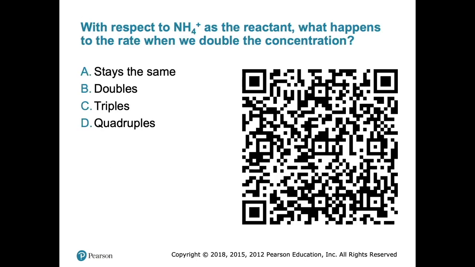So this is your next question right here. With respect to ammonia as the reactant, oh, I forgot to put the word double there. As the reactant doubles, what happens to the rate?